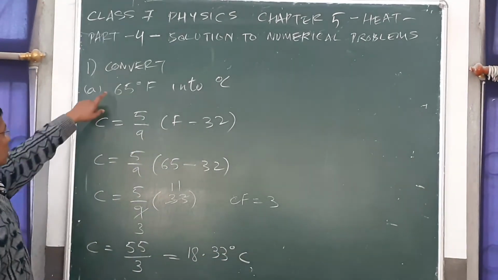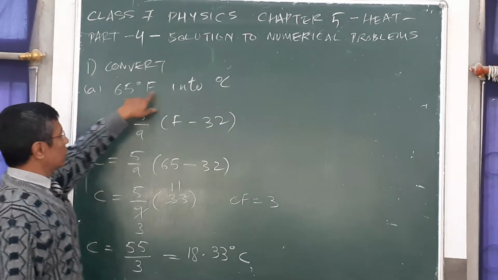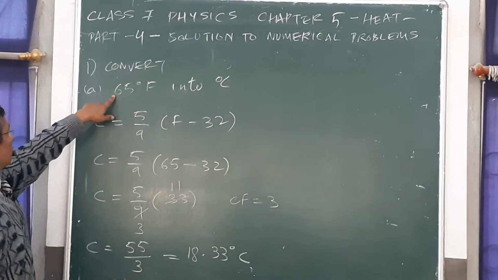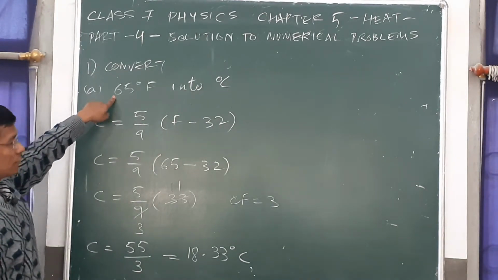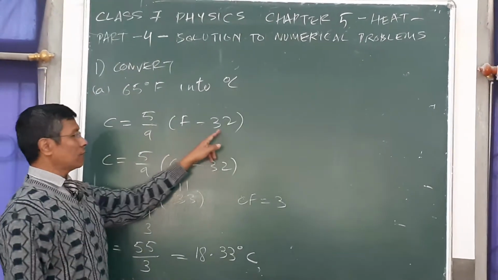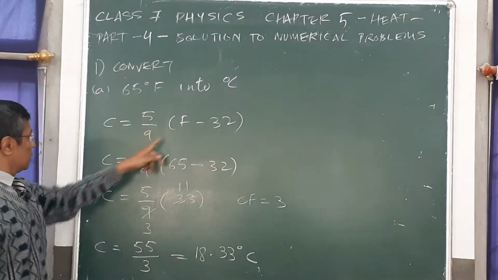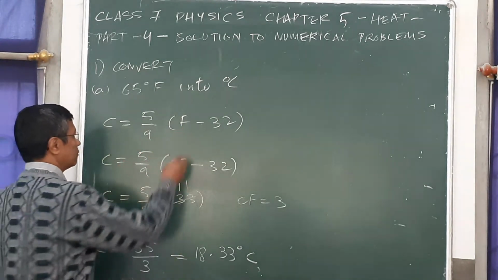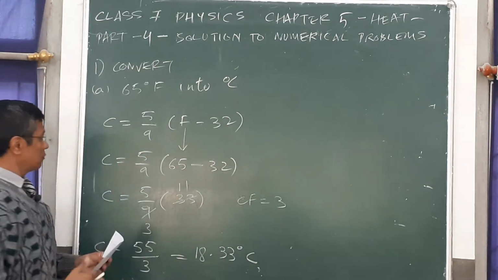So to recap, we are converting from Fahrenheit scale to degree centigrade scale, Celsius scale, and we are converting the value of 65. For this we need to use the formula C is equal to 5 by 9 open bracket F minus 32. In the next step we copy everything except in the case of F we will put the value of 65.